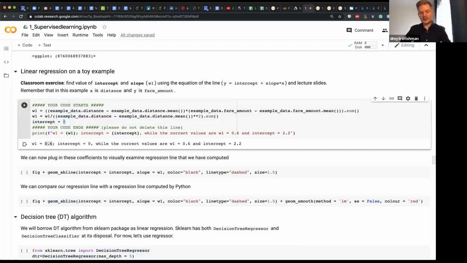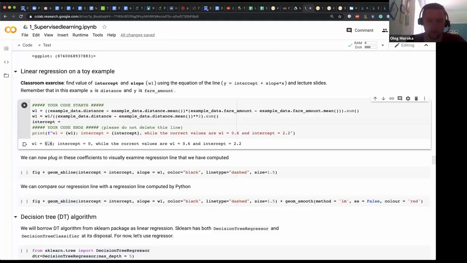Oleg, did you get the intercept as well? Can you help me with the intercept? Wait a moment. We need this average fair amount.